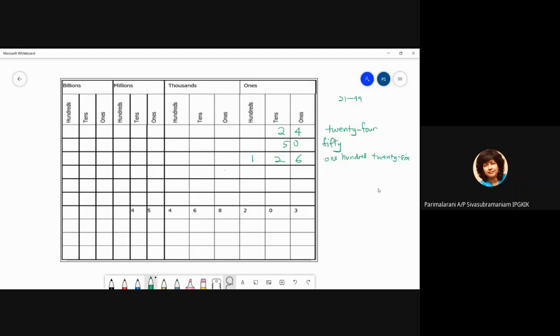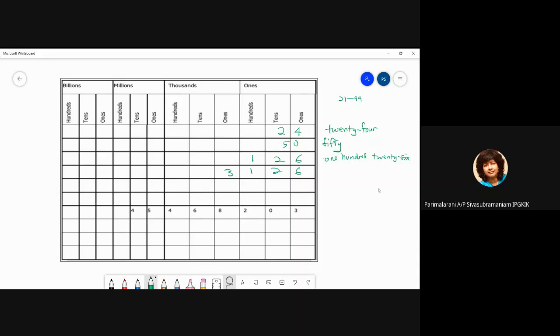But if you have a number like this, how would you read this? 3,126. Yes, correct.